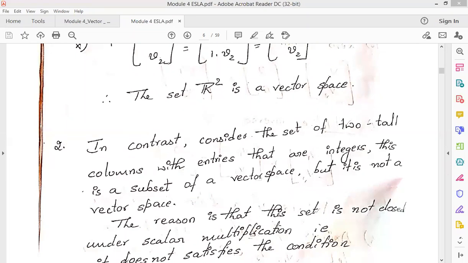And you also need to mention that xi belongs to the real numbers. When you do this, you can write x1 into 1 is x1, x1 into 0 is 0, that will be gone.